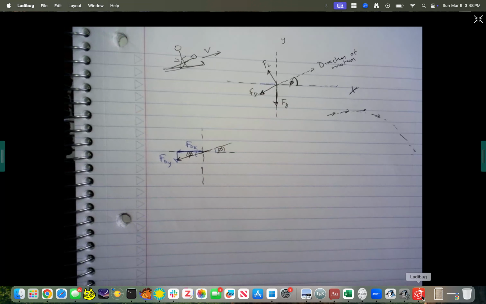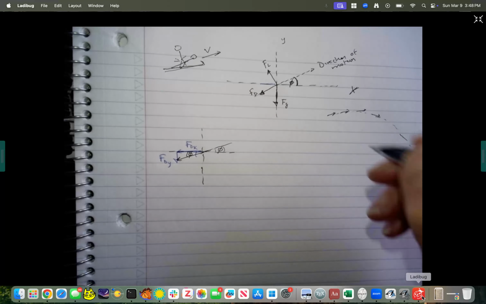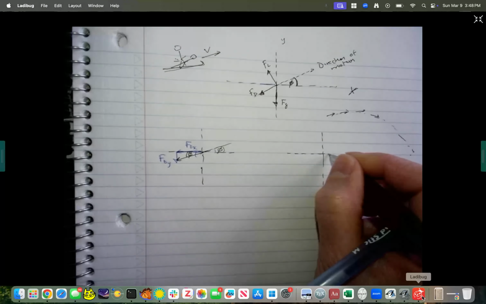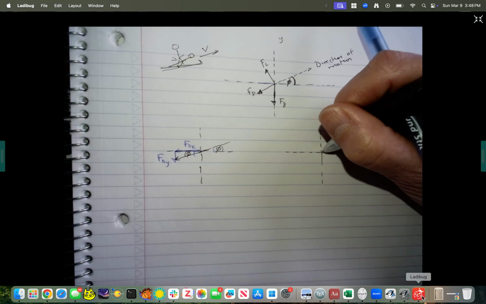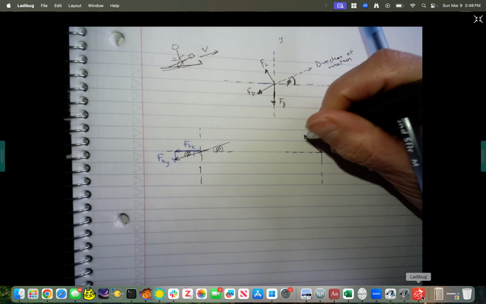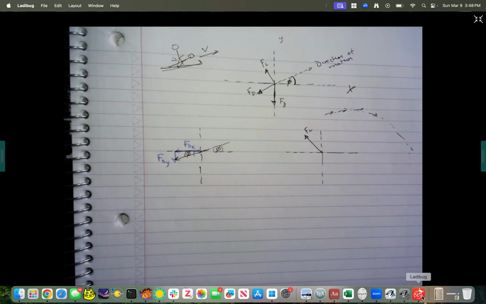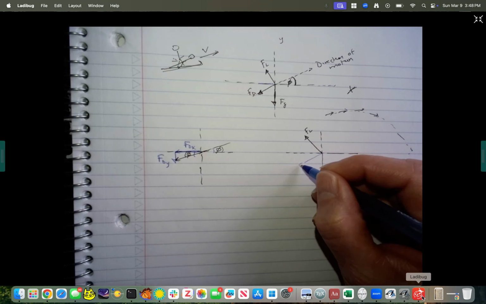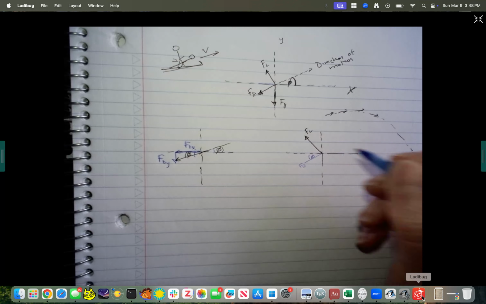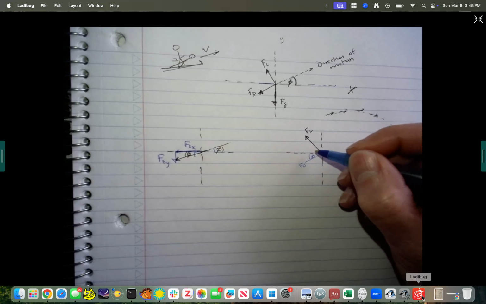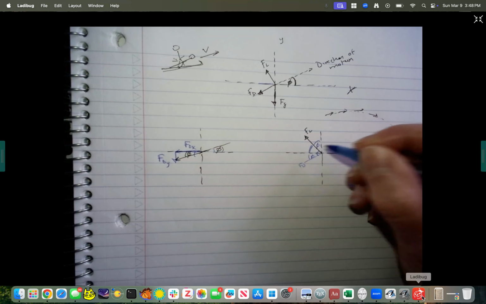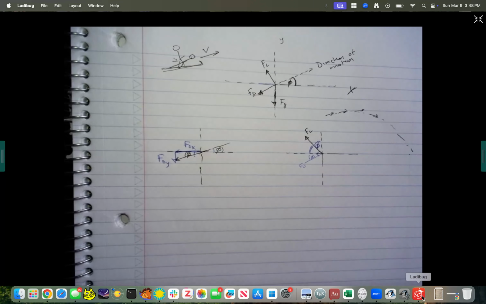Okay, now lift is going to be perpendicular to that. So let's just see where phi ends up inside the lift triangle. So lift will be up at this angle. And then we have that perpendicular to drag. This angle in here is phi. So this angle here is 90 minus phi because these are perpendicular. So then inside that lift triangle is where phi is.